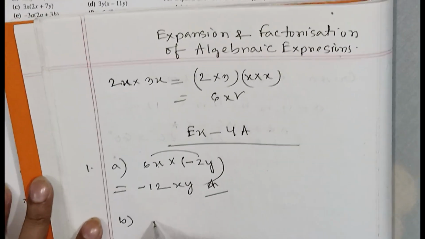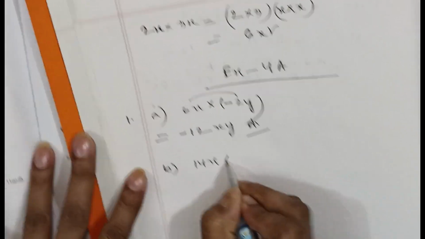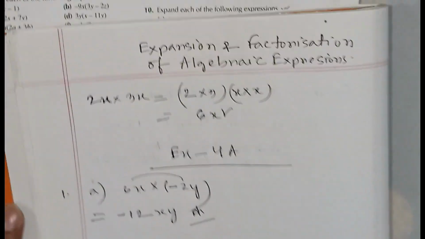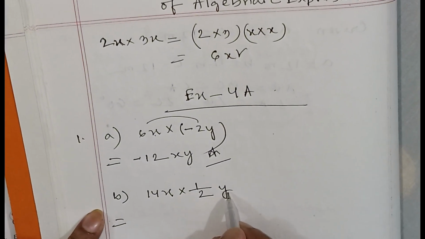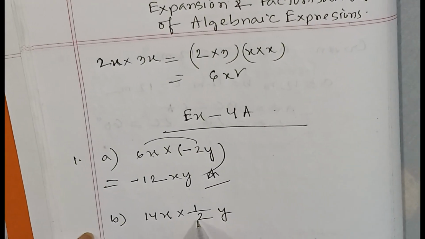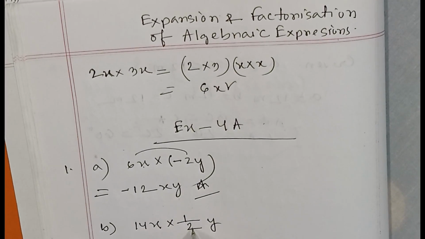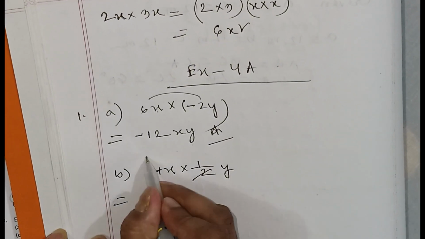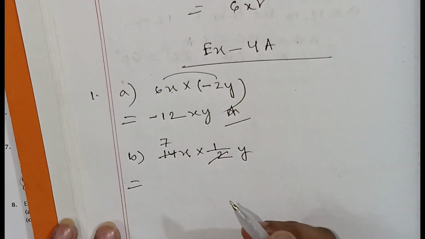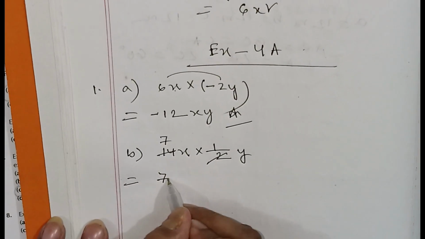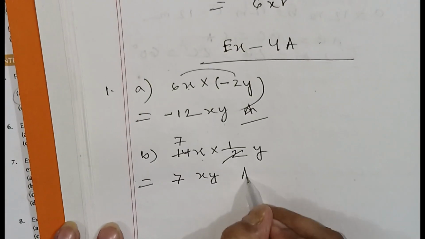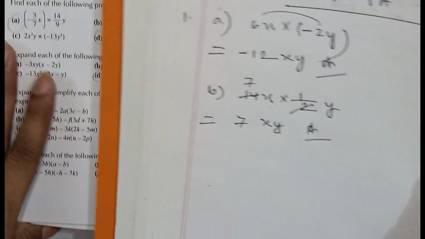Next we copy the question: 14x into half y. I think we can cut 14 by 2, 14 divided by 2 means 7. So 7 on the coefficient and multiply x y. That's it. This is the answer.